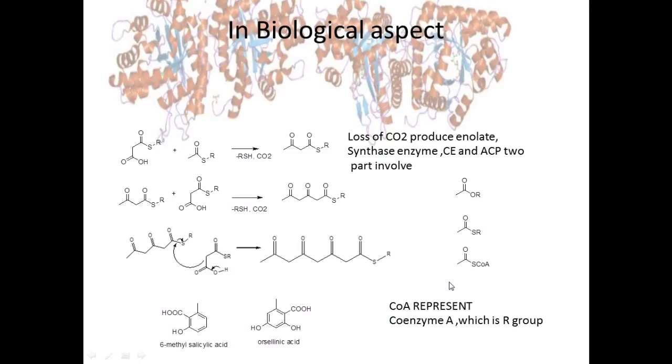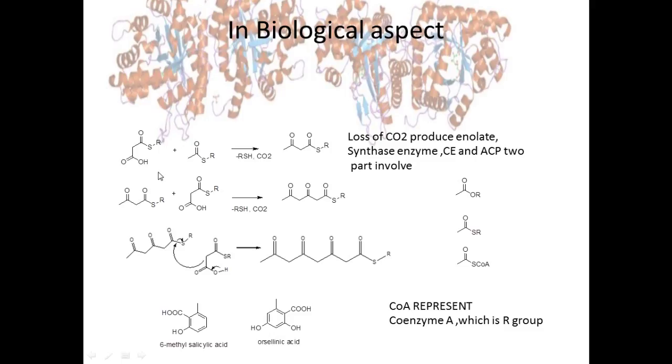In biological systems, ester condensation does not look like it produces a strong base such as ethoxide. In a biological system, loss of carbon dioxide produces an enolate that combines with the esters. Here the carbon dioxide loss produces the enolate, which attacks the esters, generally thioesters, not simple oxygen esters.